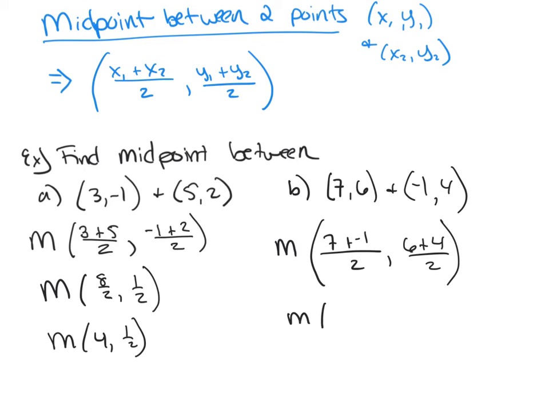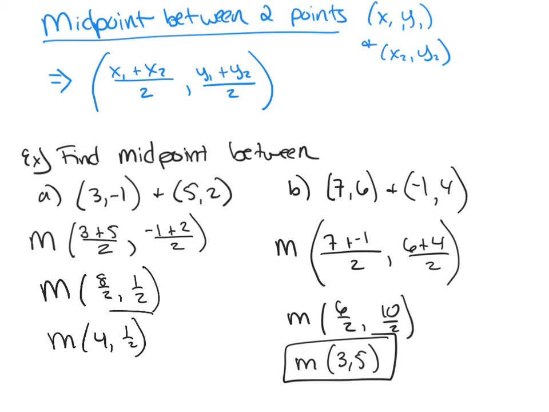So that's going to be 6 over 2 and 10 over 2. So that midpoint is (3, 5). Cool. Okay, let me show you where you're going to use this in your circles homework.